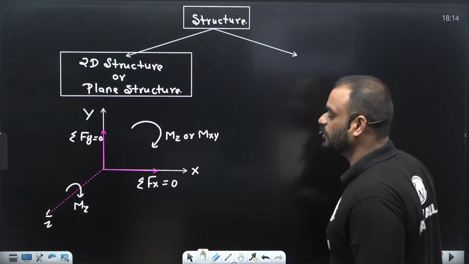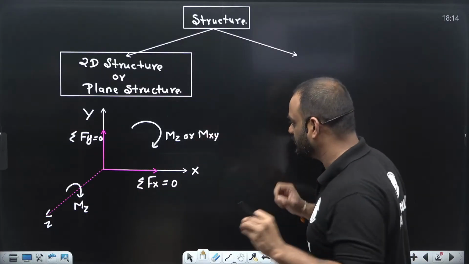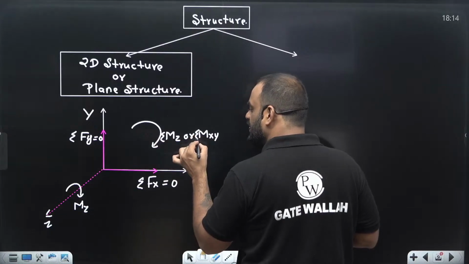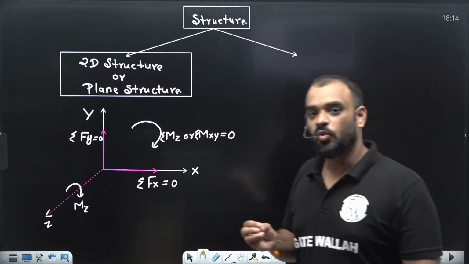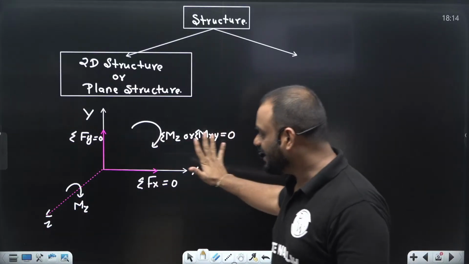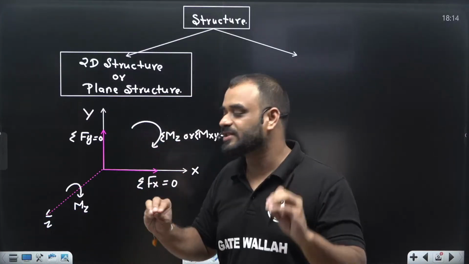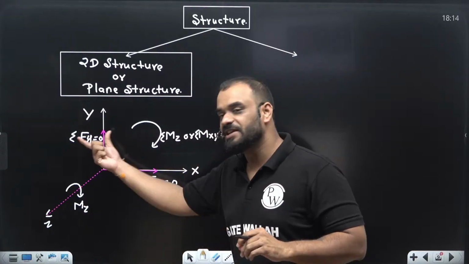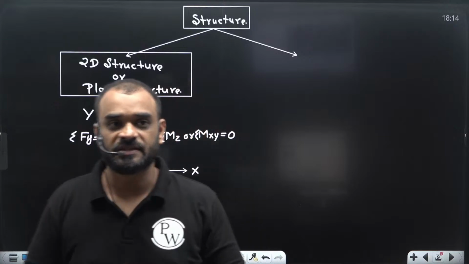This is our third static equilibrium equation: summation Mz or summation Mxy should be equal to 0. Then only our structure will be in static condition. So these are basically three static equilibrium equations for any kind of 2D or plane structure, of which two are linear equations and one is the moment part. I think this concept is crystal clear to all of you.